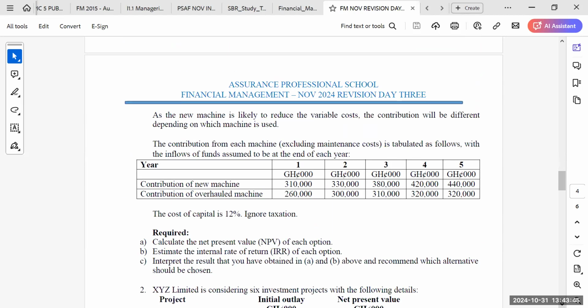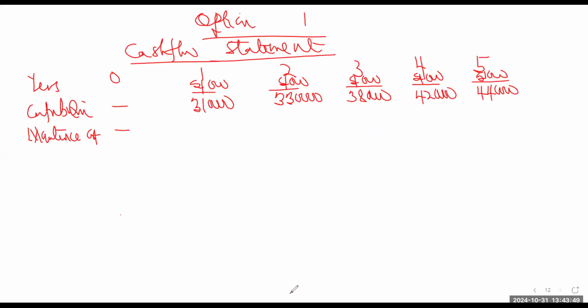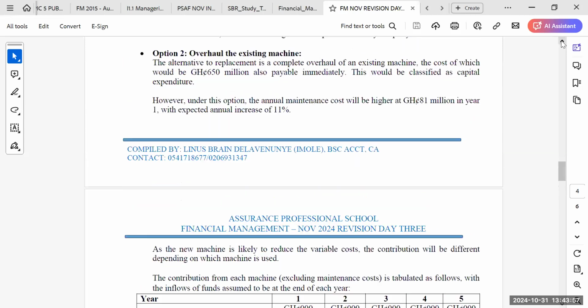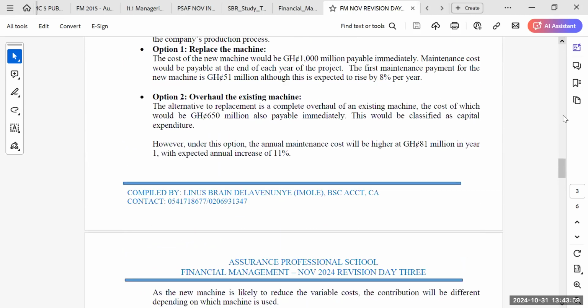Maintenance cost for the first year will give us what? 51,000. The new machine. Check well. We are doing the new machine first. Yes, it's 51,000.